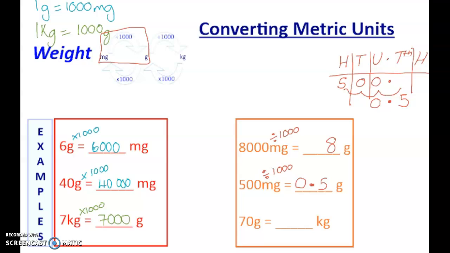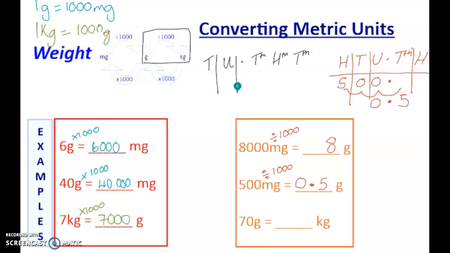Last example before you do some questions for me then. So my last example on here is grams into kilograms. So that's this section of the conversion chart here. And again, it tells me to divide by 1,000. So I'm going to do my place value chart headings again. So this one's 70, so tens, units, tenths, hundredths, thousandths. That's about all I can squeeze on, I think.